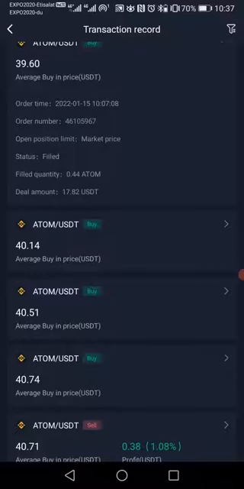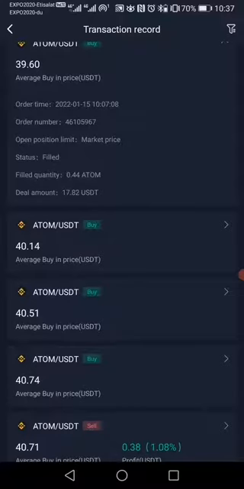Understand? Those buys are executed at the current market price, because you already predefined your percentage drop. Once you get to that point, it executes and buys at the market price.